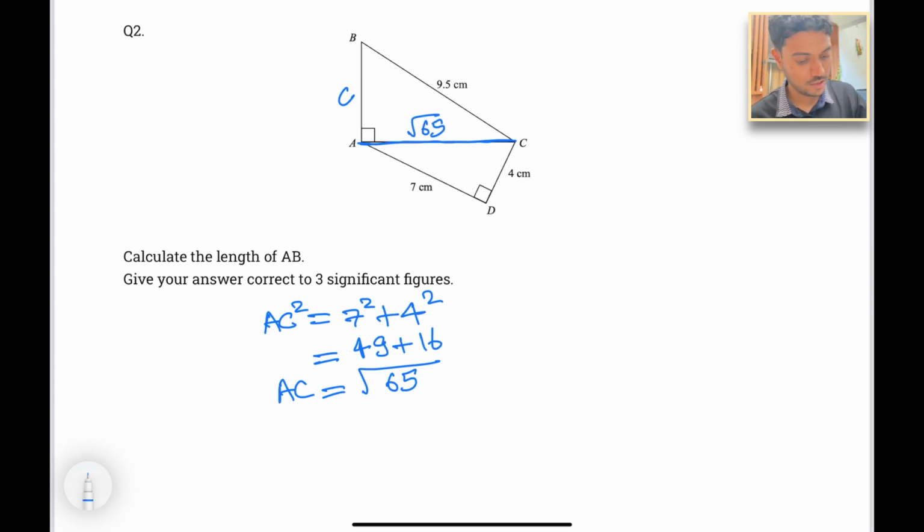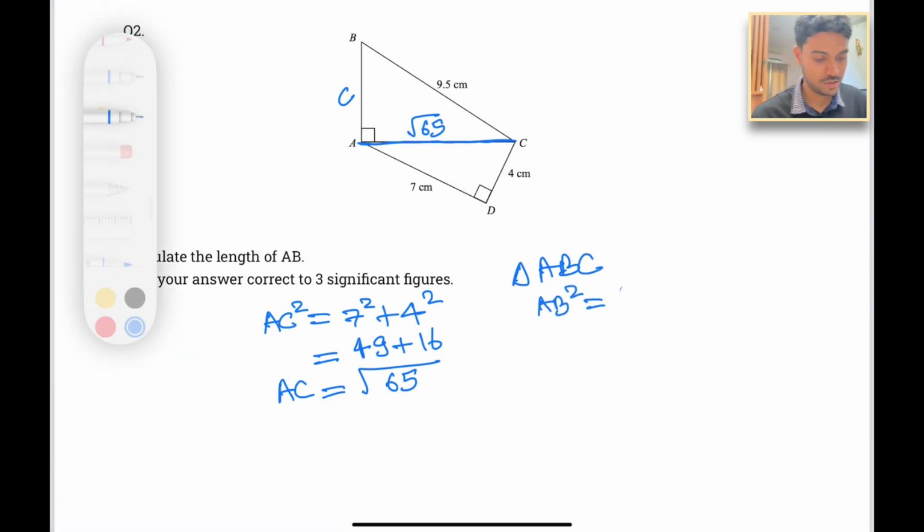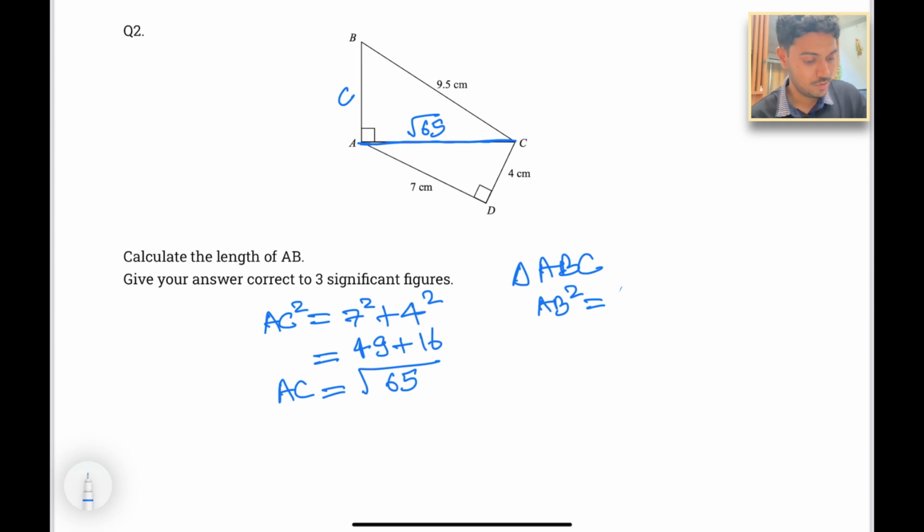Now let's check the other triangle, triangle ABC, and we have to find the side AB. Because this time AB is not the hypotenuse, AB square is going to be BC square minus AC square.